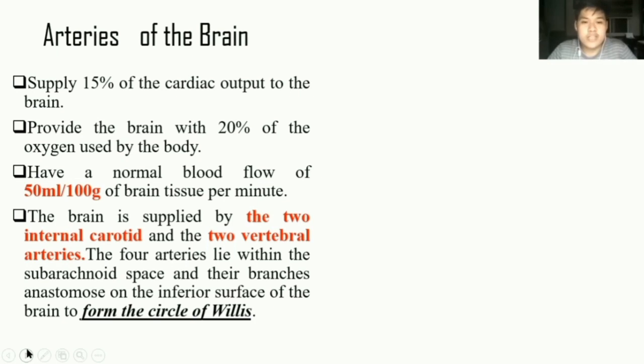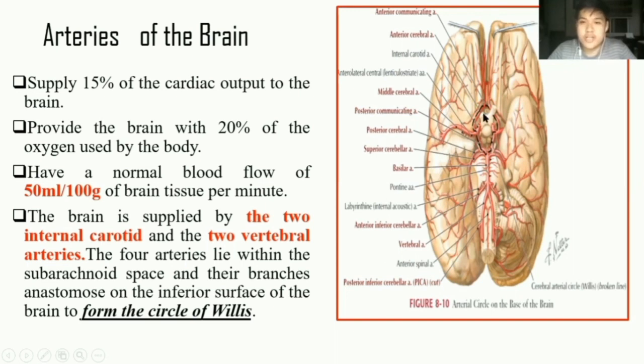The four arteries lie within the subarachnoid space and their branches anastomose on the inferior surface of the brain to form the circle of Willis. So let me give you a little emphasis on this. This formation of the circle of Willis is the central communication that unites the two blood vessels, the internal carotid and the vertebral arteries.